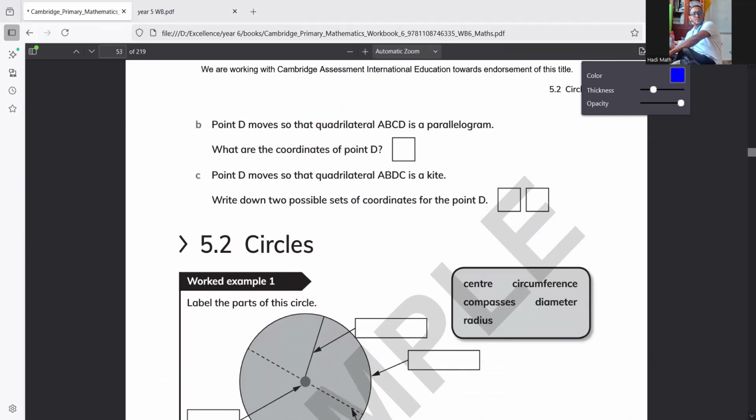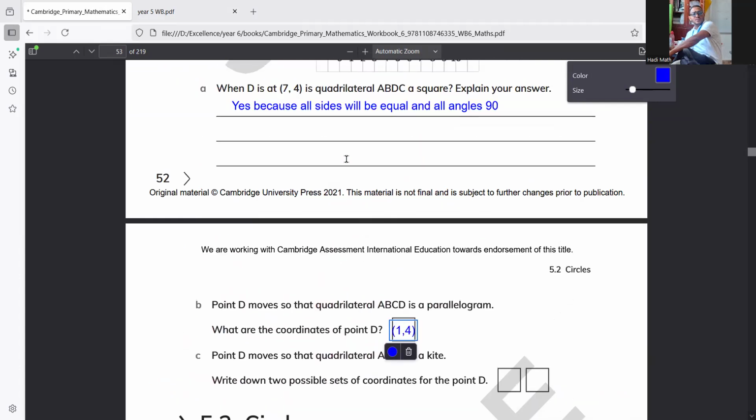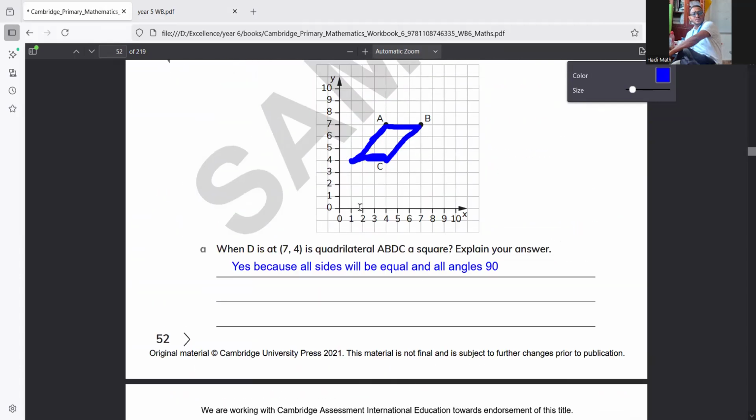Please remember, when you read the coordinates, you read the x-axis first. From here you go to x, which is 1, and then you go to y, which is 4. This is how it's going to look, which is a parallelogram.